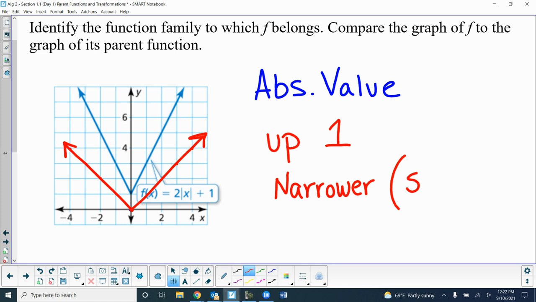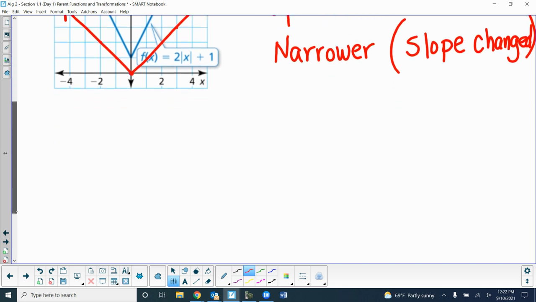Got narrower. Slope changed, right? Okay. So we just kind of compared it and just talked about what happened. Okay. I think that's the only one on this slide. Any questions?